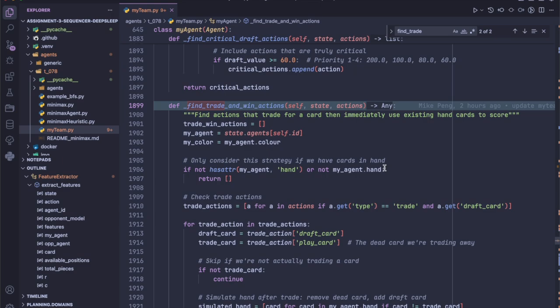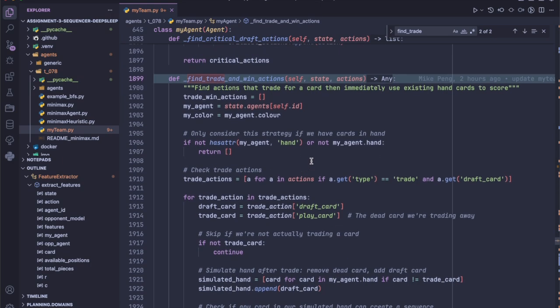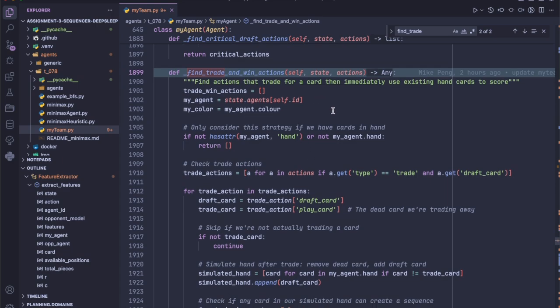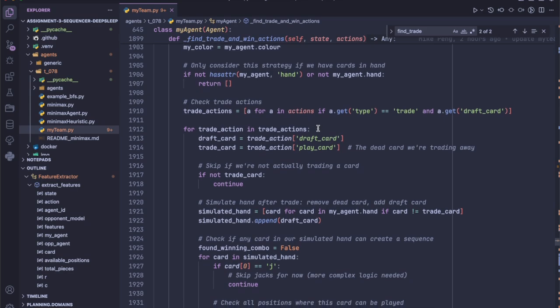If we look into it, the real innovation here is the hand simulation. For each potential trade action, the agent will first simulate what our hand would look like after trading, and check if any card in this simulated hand could create a sequence.